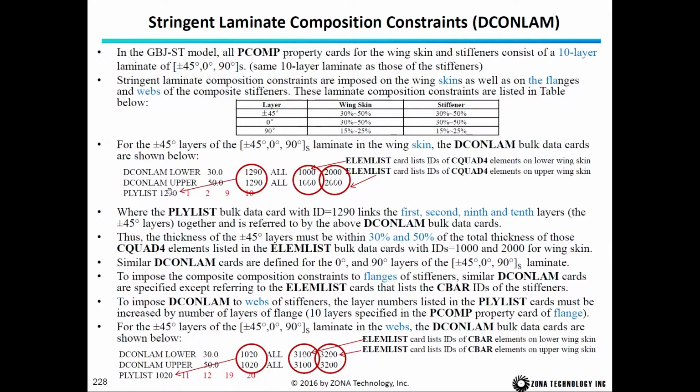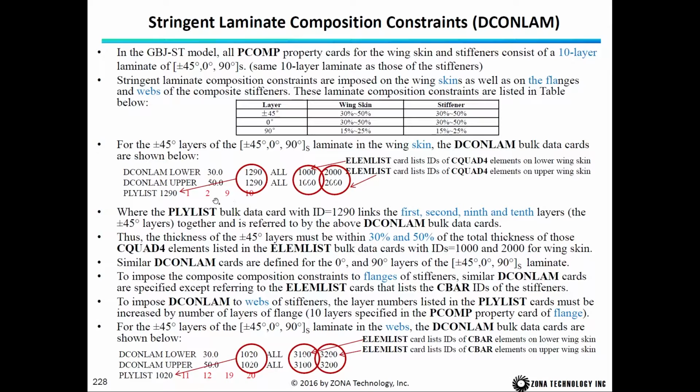So we have a DCONLAM. The lower bound is 30, and the upper bound is 50, and 1290 refers to an APPLY list card, which we list the first layer and second layer, the 9th layer and 10th layer, because the 1 and the 10 are the positive 45, and 2 and 9 are the negative 45.